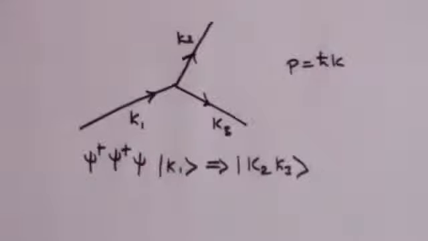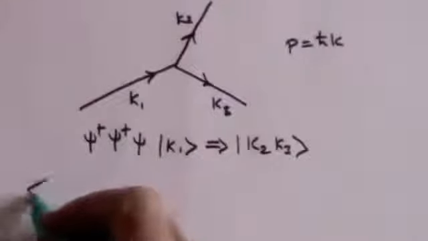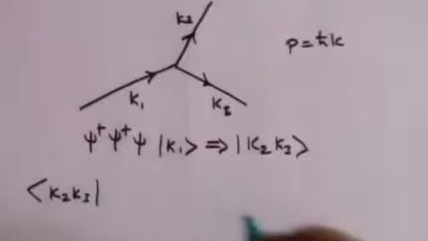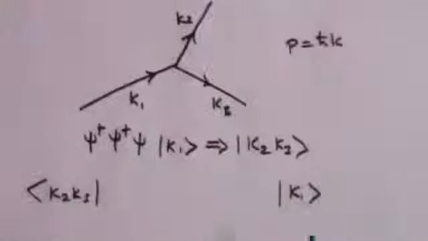And that's essentially all there is to it. And using exactly the same arguments as we did before, we will say that the probability of getting states K2 and K3, when you start with state K1, this is the inner product. Remember, that's the probability amplitude. It's the probability amplitude if you start with K1 that you will end up with K2 and K3.